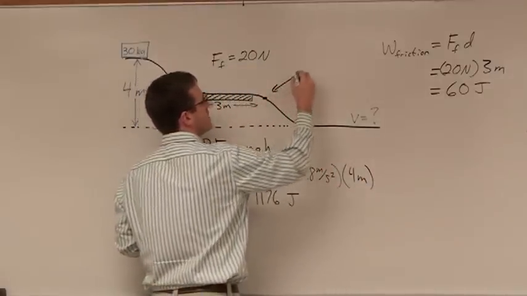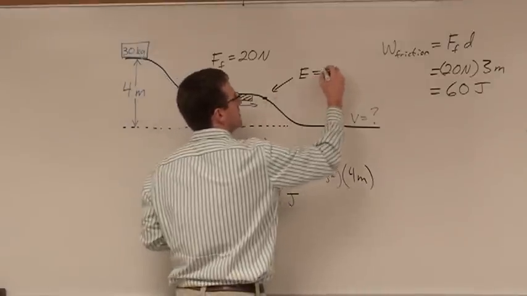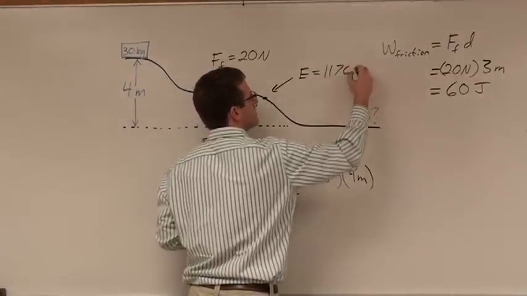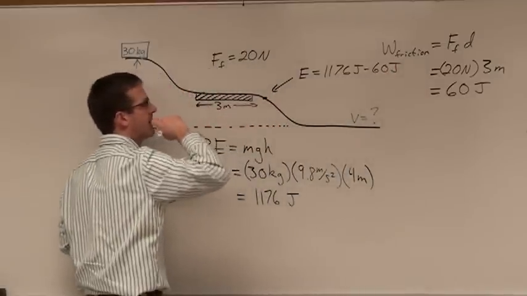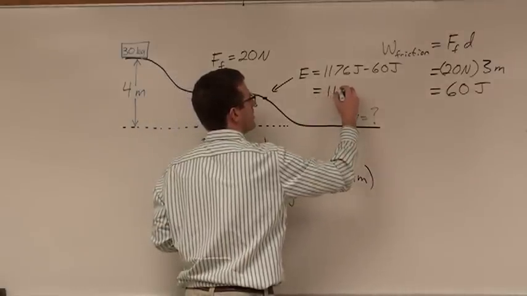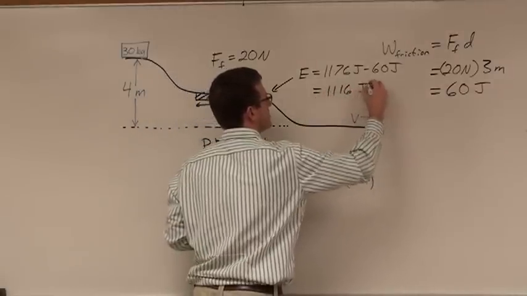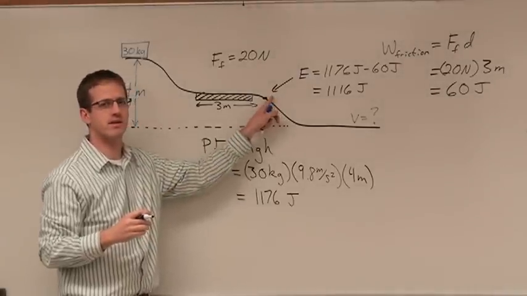I know that the energy there is equal to 1,176 joules minus 60 joules. And that, of course, equals 1,116 joules. That's the energy that I have at that point.